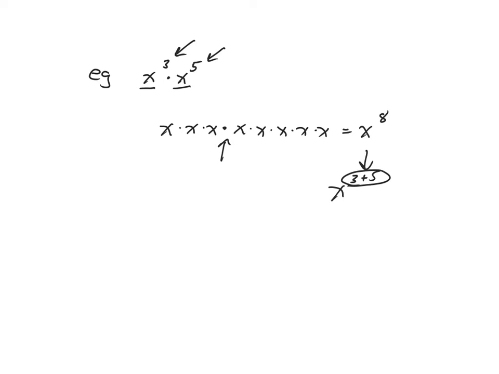So here's some more examples. Let's take something like b to the 7th and multiply it times b to the 4th. Take a moment, think about it. What are we going to get? We're going to get b to the 7 plus 4, or b to the 11th. Let me take another one. You can do this one on your own.